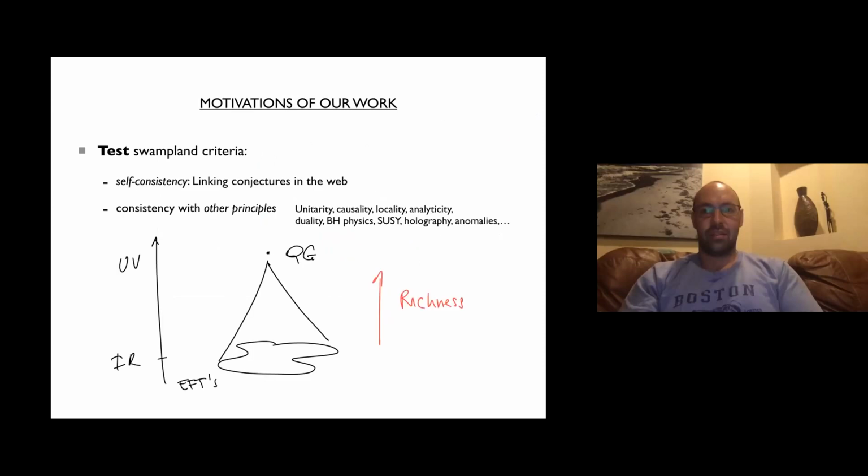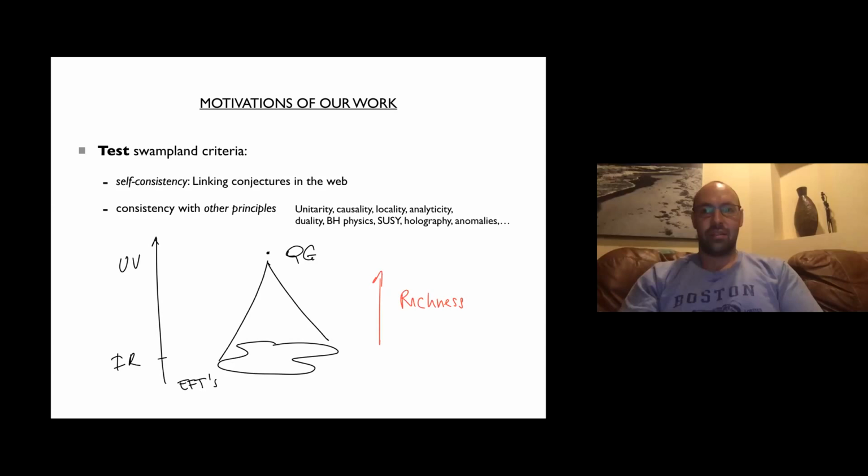Let me give some motivation for our work. The first is to test these swampland criteria. How can you do it? Either you test their self-consistency, checking how they are linked together, or you check their consistency with other principles like unitarity, causality, locality, and analyticity.